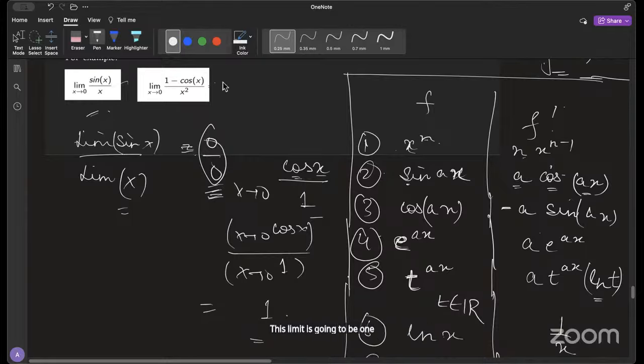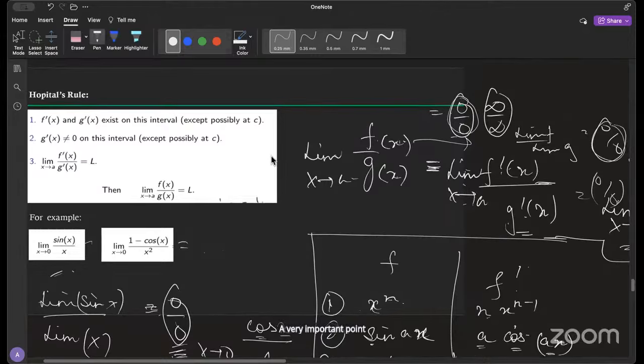Similarly, you can do it for this one. First test if this is a 0 by 0 form. This is a very important point: this is only true when the limit is of the form 0 by 0 or infinity by infinity. If you don't have these cases, then you can't apply L'Hopital's rule, and then this limit and this limit can be different.